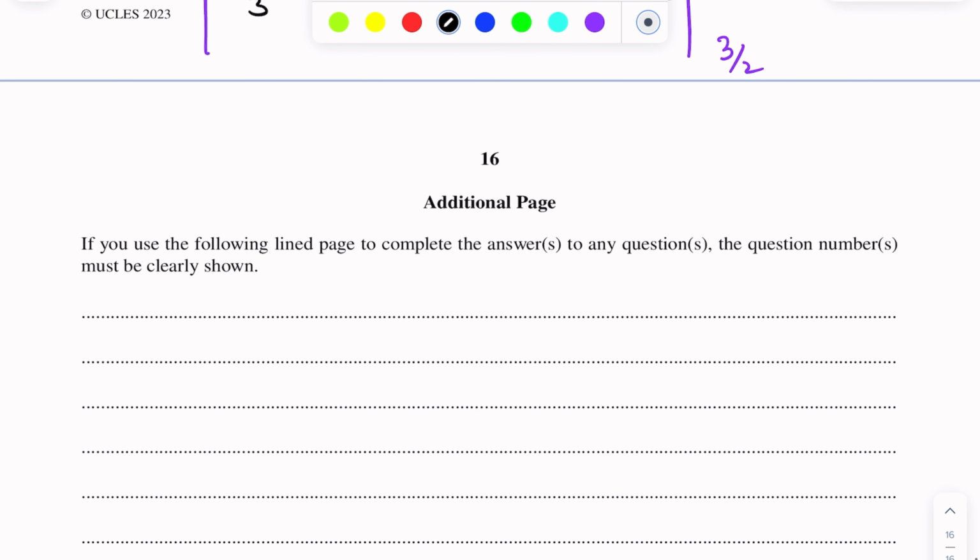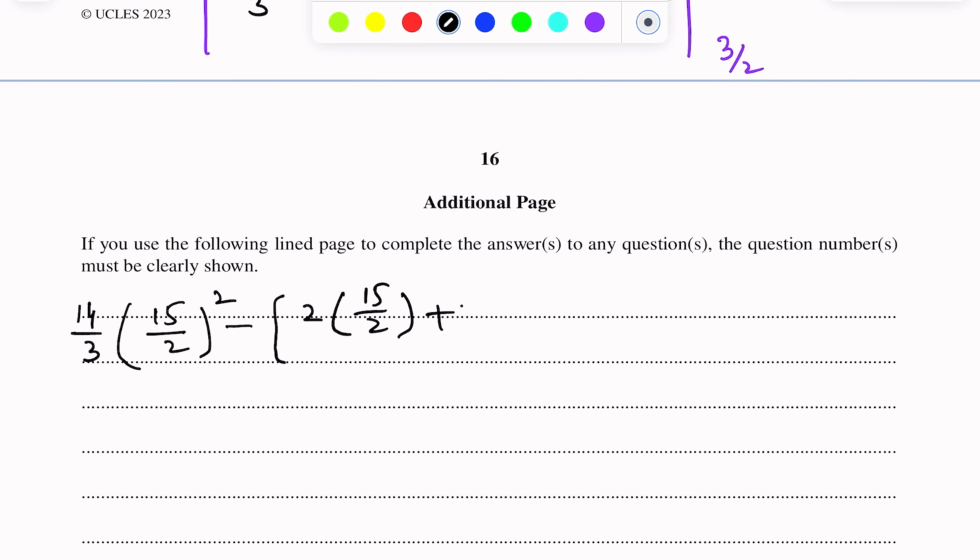We get 14 over 3 into (15 over 2) squared minus (2 into 15 over 2 plus 1) whole power 5 over 2 divided by 5, minus 6 into 15 over 2.